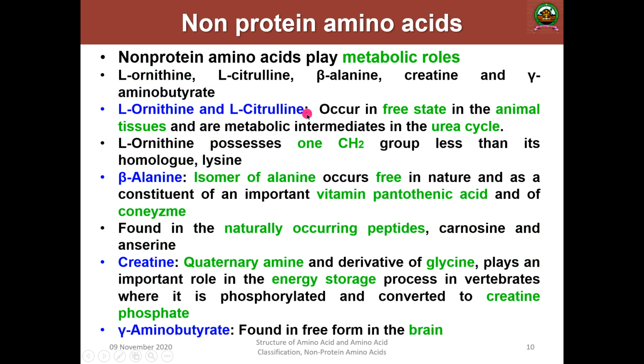Then the next one is non-protein amino acids. These non-protein amino acids play a very important role in metabolic processes.